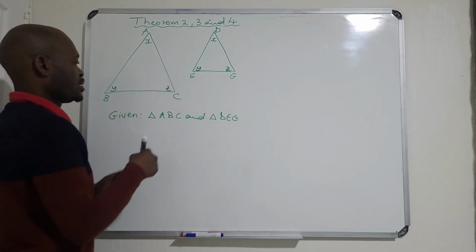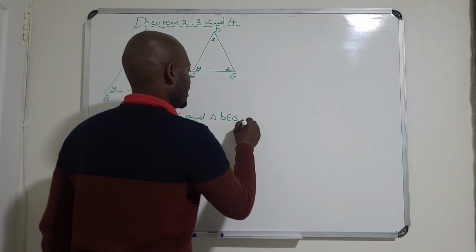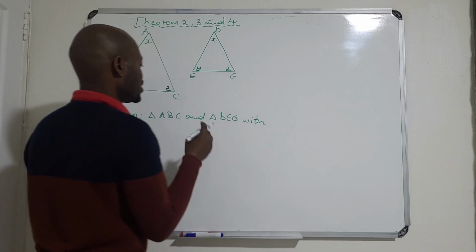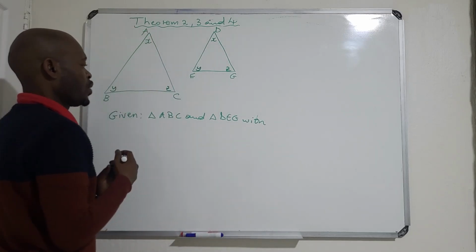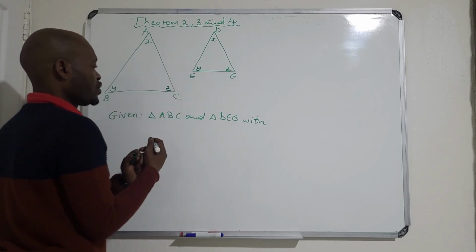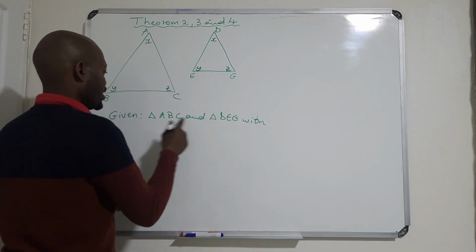Given the two triangles, because we are just told that the two triangles are equiangular, therefore it means that we are given two triangles which are equiangular.